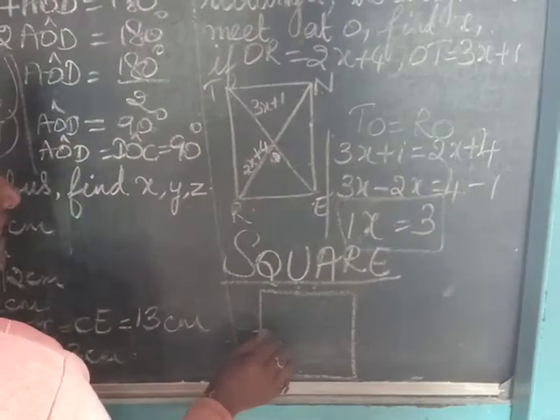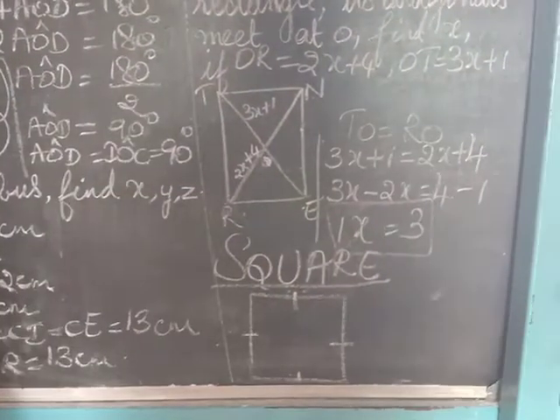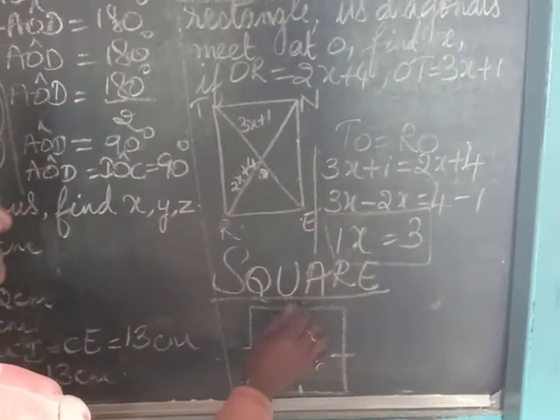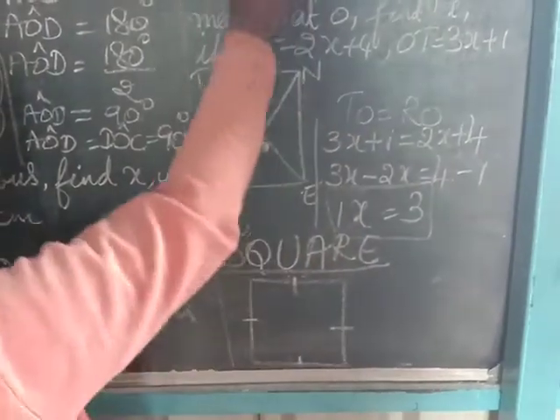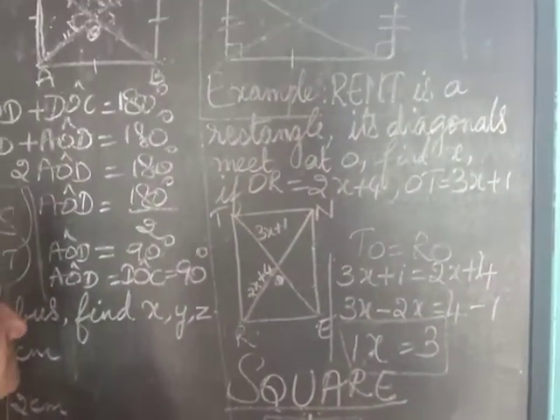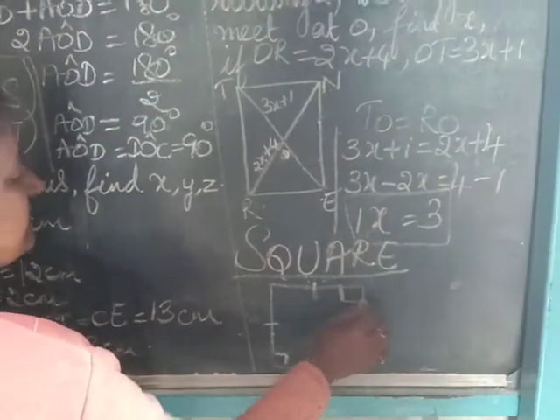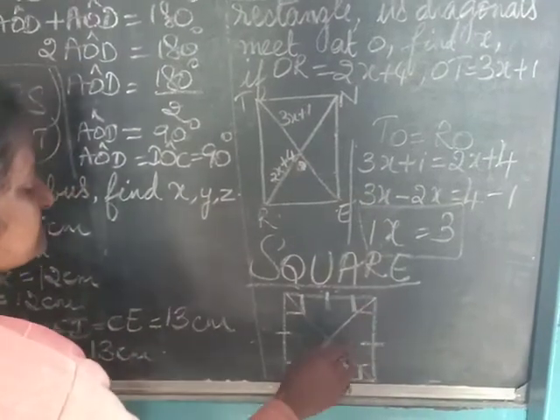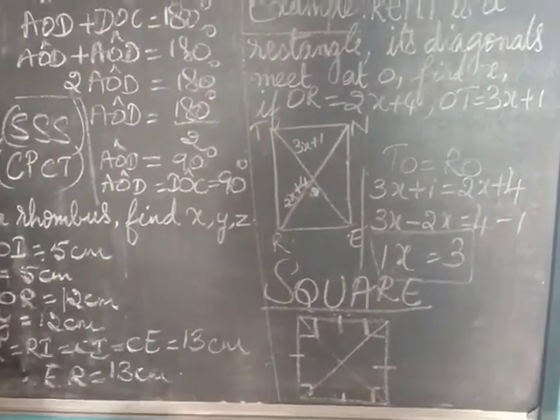And how is it different from a parallelogram? Since all the sides are equal in a square, it is different from a rectangle also. All the sides are equal, each angle measures 90 degree, and diagonals bisect each other. So this is what a square is.